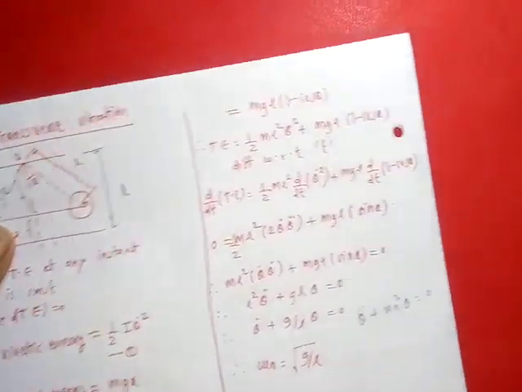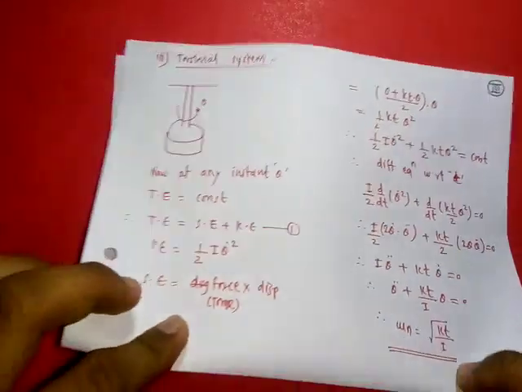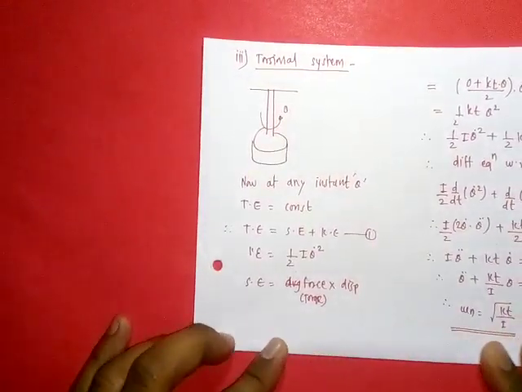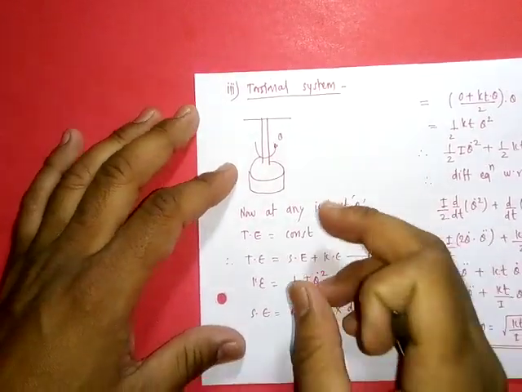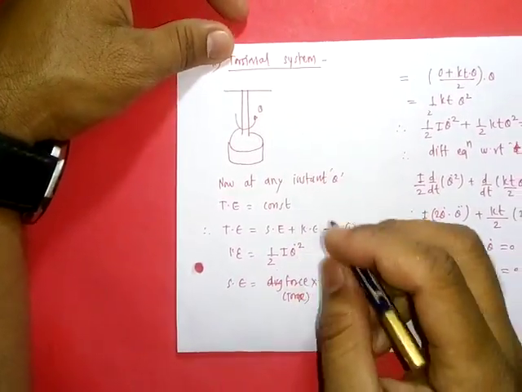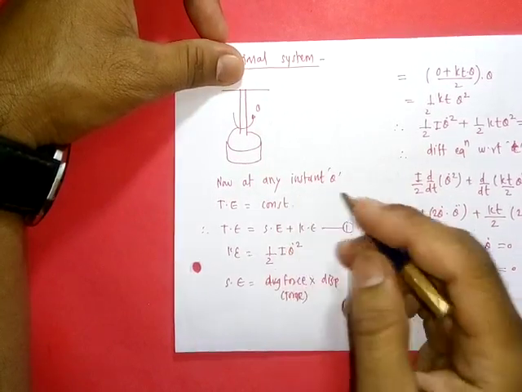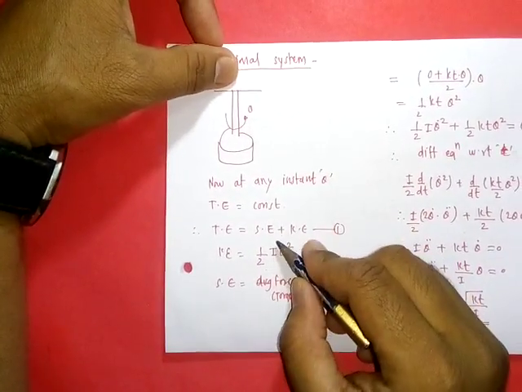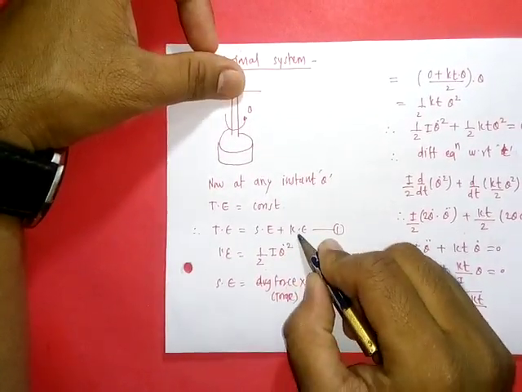Okay, now next is torsional system. Again for torsional system, at any instant t, total energy is constant. So energy is constant here. Total energy is sum of kinetic energy plus strain energy.